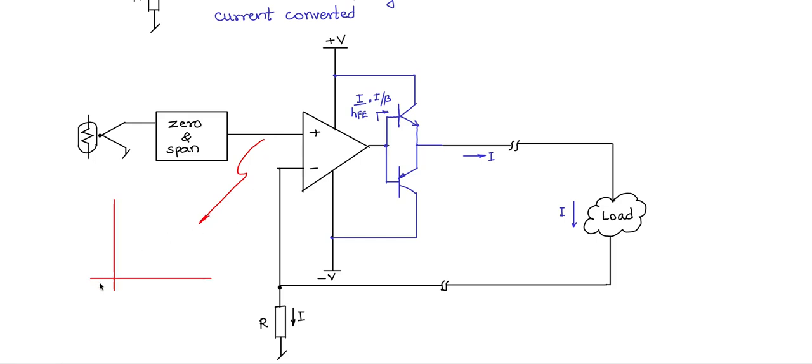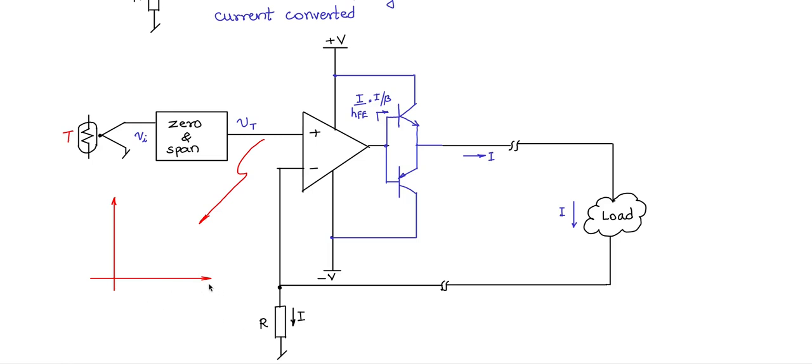So if I am having the x and y axis, this temperature, what you have here, I will call it as Vi, input to the zero span circuit, and this is Vt, transmission side voltage, which will determine the current that flows here in this loop.